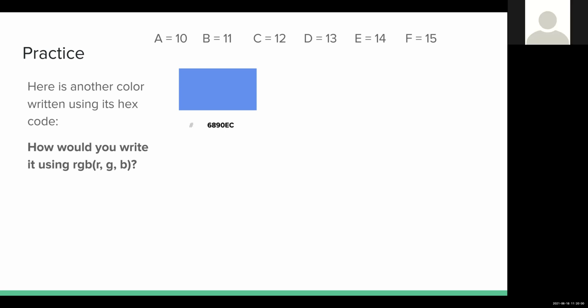So EC is one number, 90 is one number, and 68 is one number? Yeah. So they are three numbers and not one.